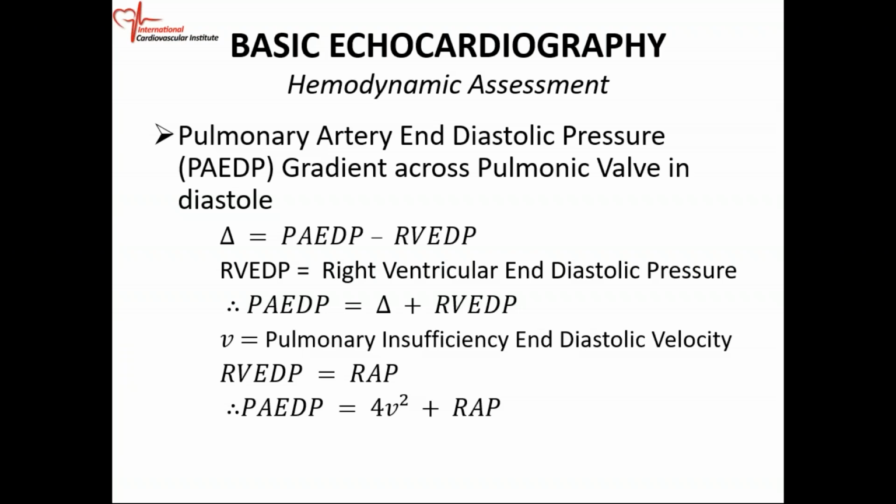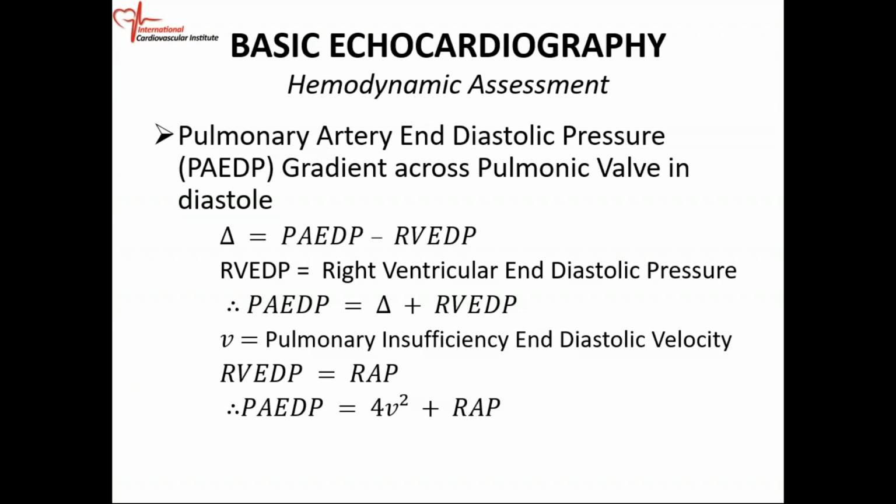But when you have pulmonic insufficiency, remember the pulmonic valve is supposed to be closed shut in diastole. It's supposed to be competent. But if the pulmonic valve is incompetent, then in diastole, blood is going to flow from the pulmonary trunk across the pulmonic valve into the right ventricular flow tract.